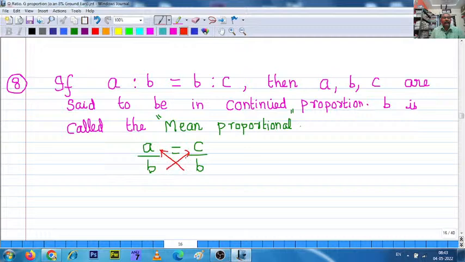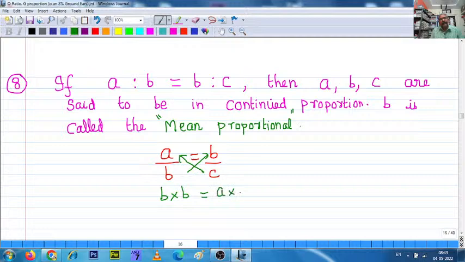Very interesting, you will be getting B into B equal to A into C. That means B square equals AC. Now what is B? B is equal to square root of AC.